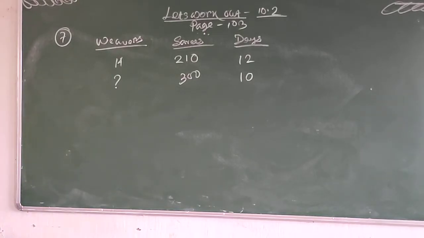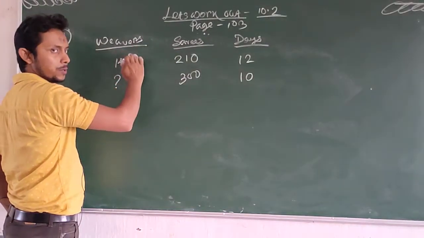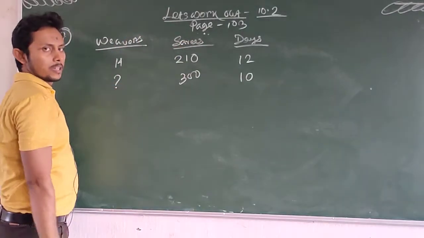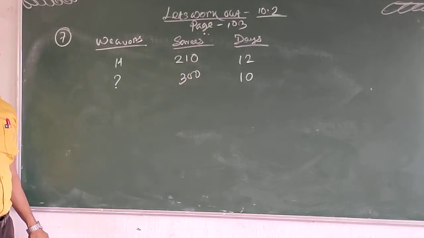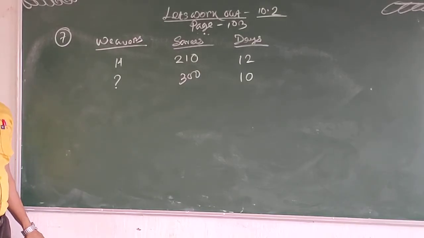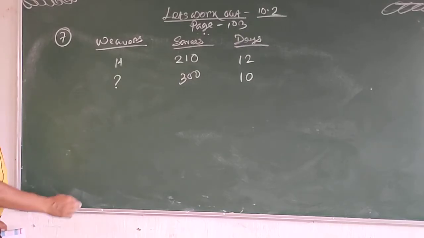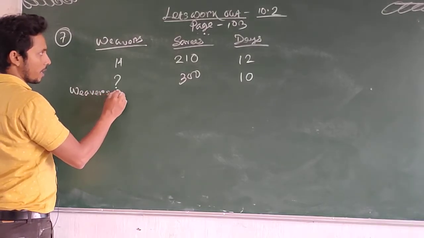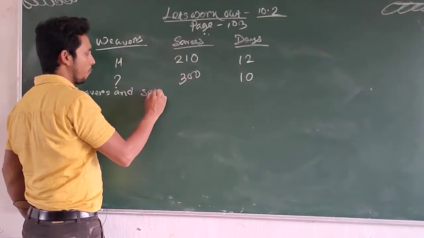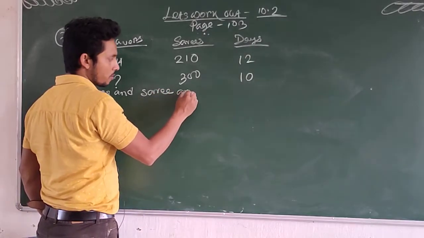Look, we need to find the relation between weaver and sari and weaver and days. Weaver means the one who is weaving the sari, in Bengal it is tati. So weaver and sari are in what relation, inverse or direct?